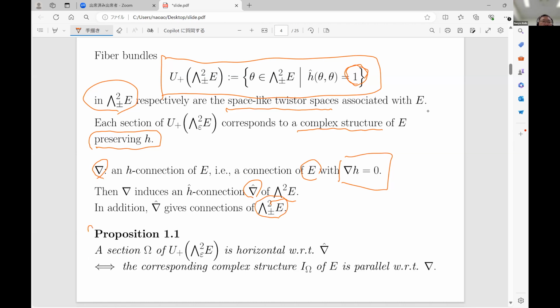Then we have this proposition. A section omega of a space-like twistor space is horizontal with respect to nabla hat, which means that nabla hat omega vanishes, if and only if the corresponding complex structure I omega of E is parallel with respect to nabla.